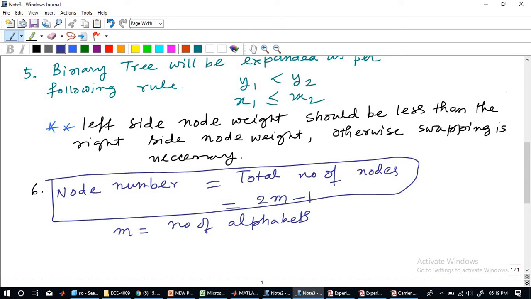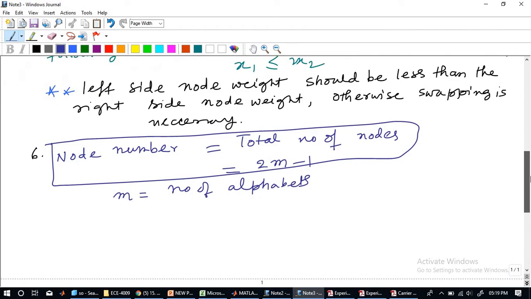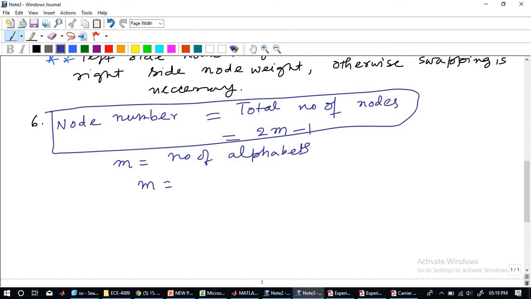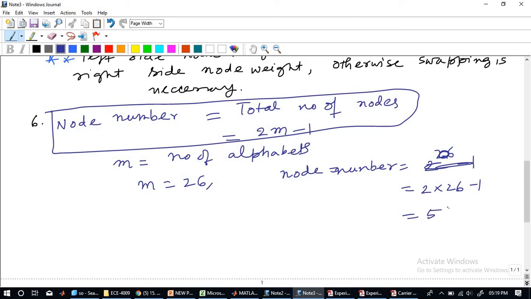So if it is a binary symbol, we have 2 alphabets, so the adaptive Huffman coding is much simpler. So what we are going to do is we'll try with the worst case, and we'll consider in most of the cases that m is 26, that is the normal English alphabet. So if m is equal to 26 for the English language, then the maximum node number can be 2 multiplied by 26, minus 1, which is 51.